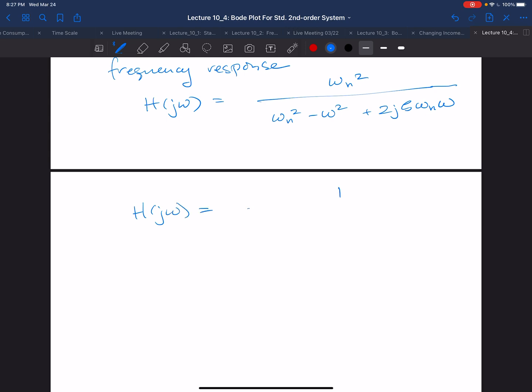In that case, the numerator just becomes 1. We get 1 minus (omega over omega n) squared plus 2j zeta omega over omega n. So we've sort of normalized the frequency variable omega relative to omega n.